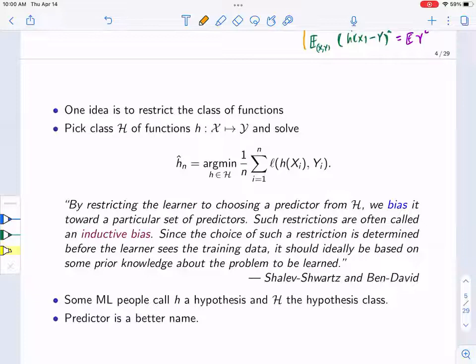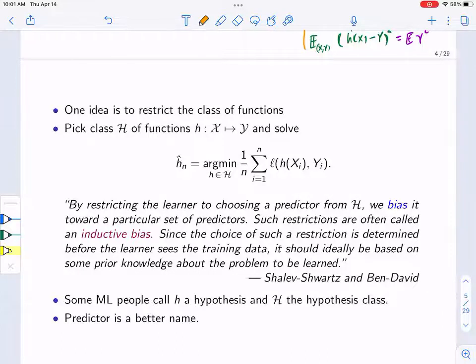So let's say we pick a class H of functions mapping from x to y and solve this empirical risk minimization over only this class. Now I'm going to call this h hat n. This still could have multiple solutions, but if I choose the class right, hopefully I'll avoid that issue of overfitting.